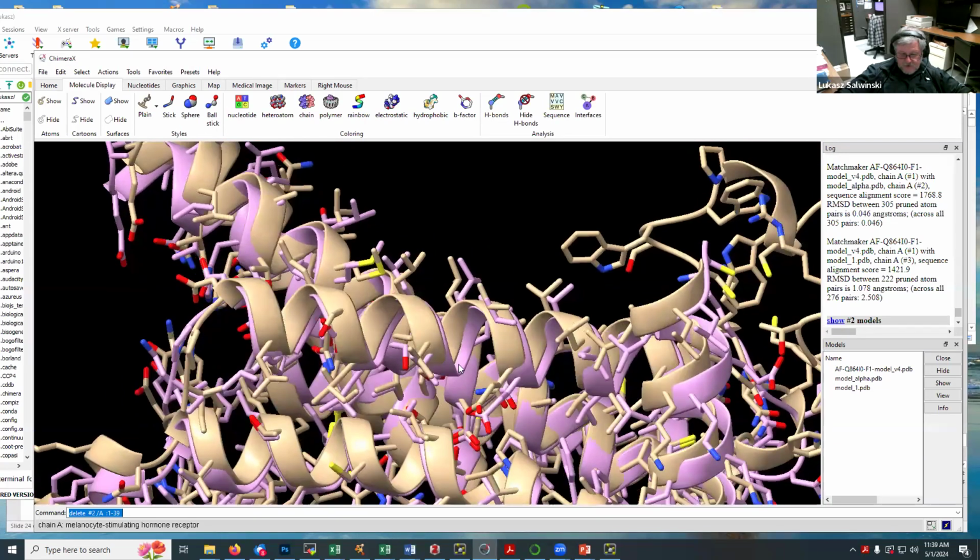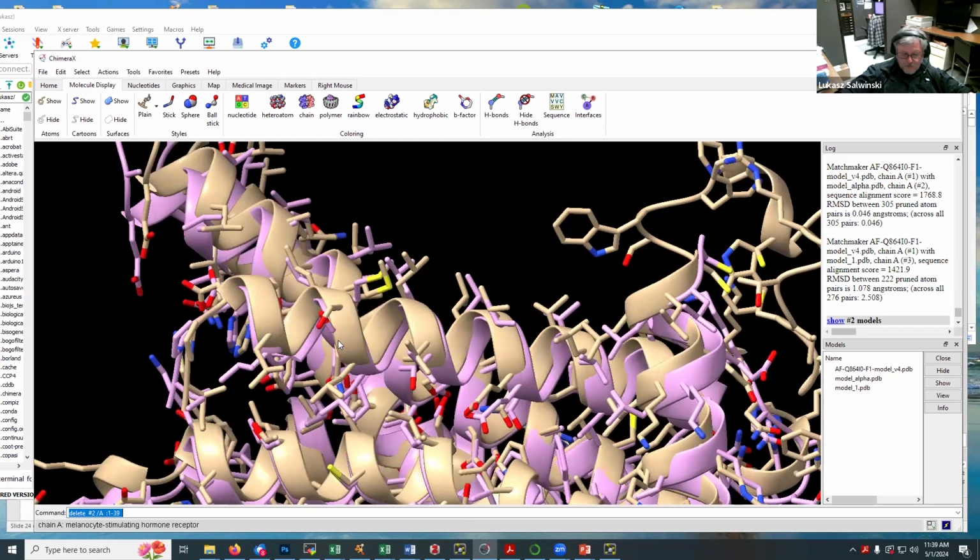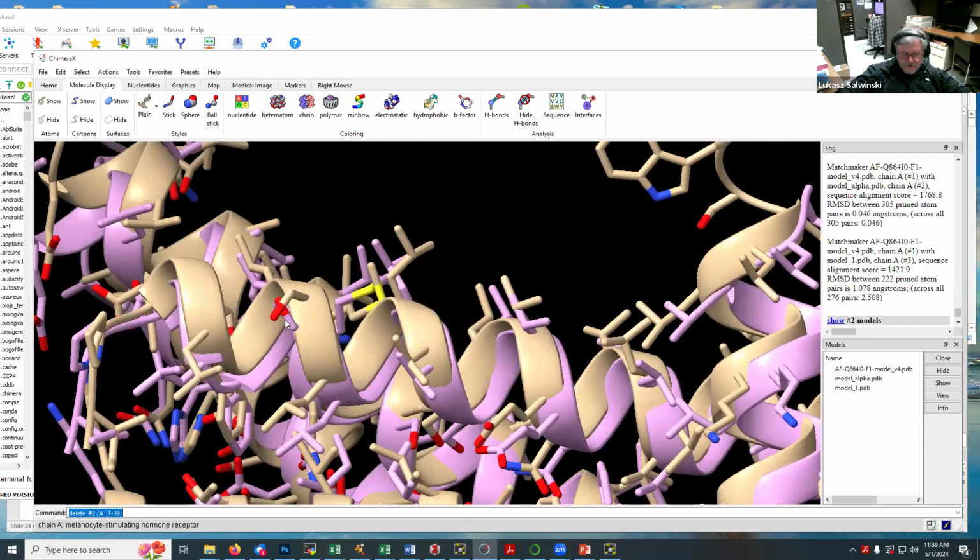Okay, so we do see that there's some shift in the position of a particular residue. There's a difference between where it ended up in one model relative to the other one, but this is the same residue. This is position 47 in the homology model versus this is position also 47 in AlphaFold.